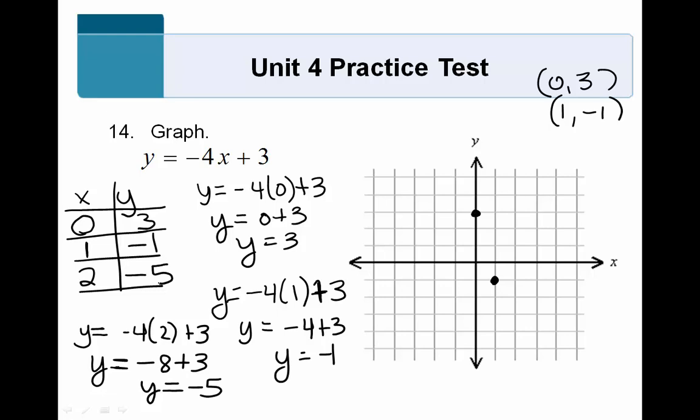So 2, -5 is a third solution. And recall, there's an infinite number of solutions to the equation. We need at least 2. I'm doing a third one. So that will be right 2, down 5, 1, 2, 3, 4, 5. Remember, in WebAssign, you only need to plot 2 points to graph a line.